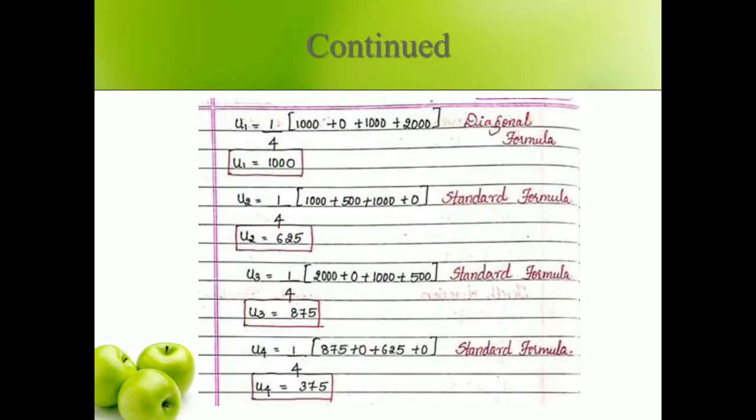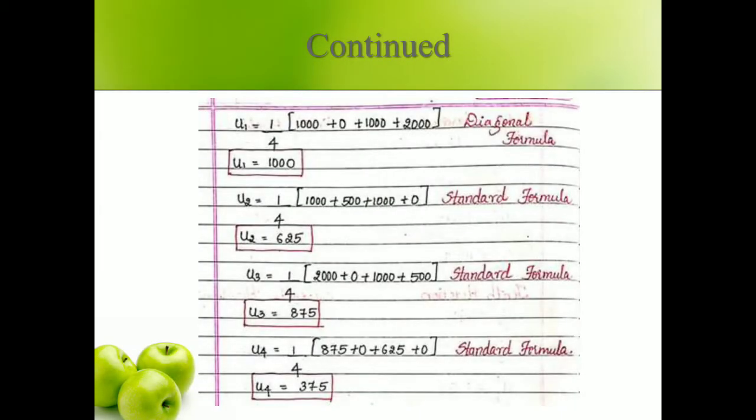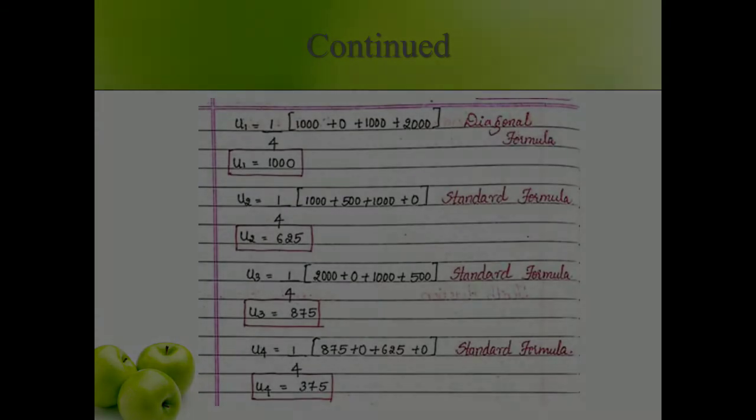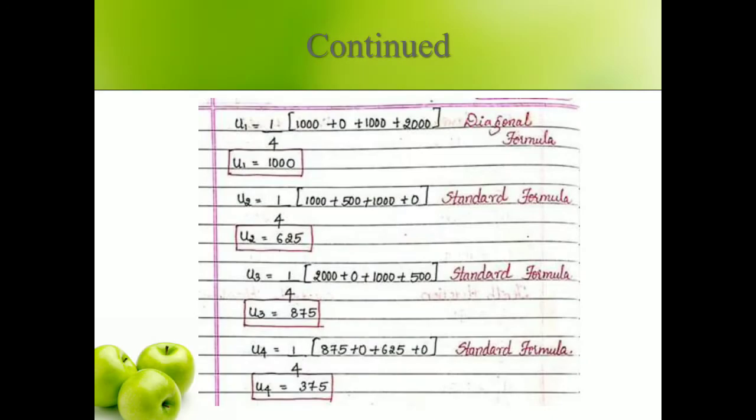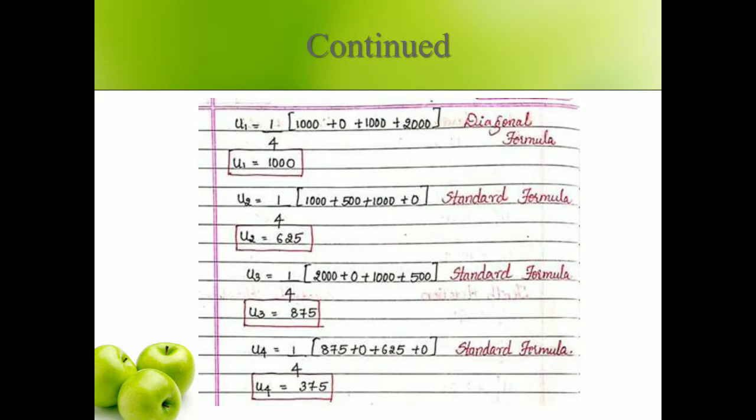To find u1 you are going to use the diagonal elements again. u1 is here, so the diagonal values will be 1000, 2000, 1000, and u4. Since you have not yet found u4, you can directly assume it to be 0 initially. Then you will get the u1 value.